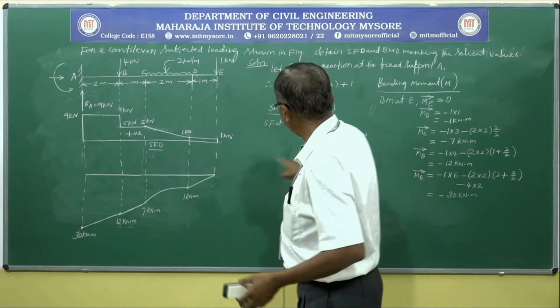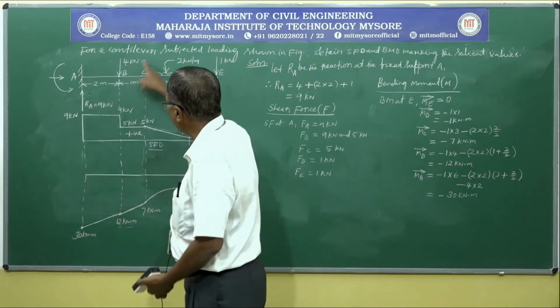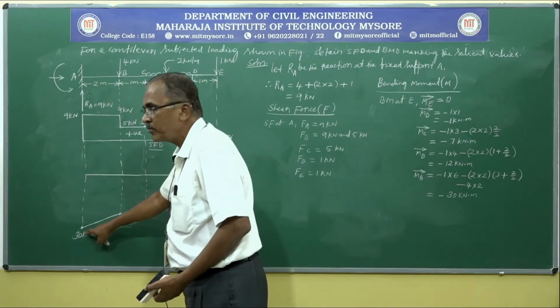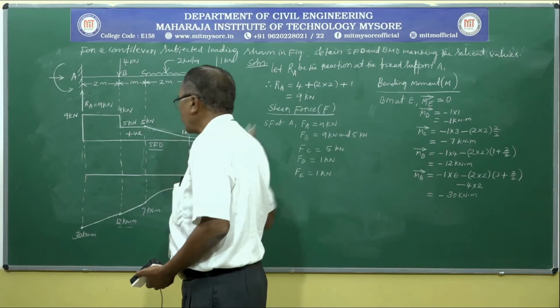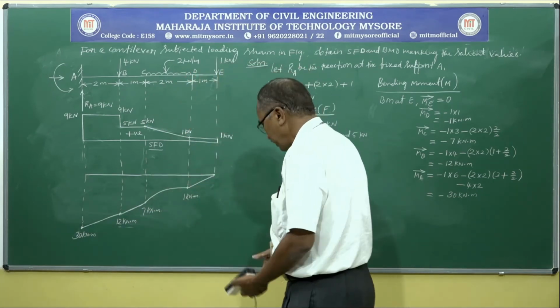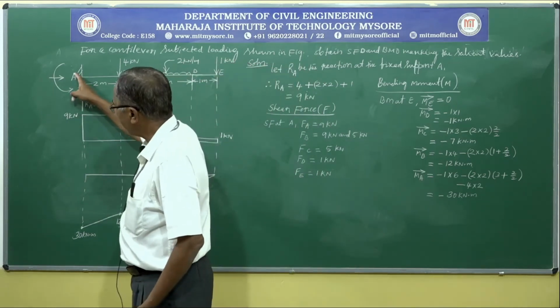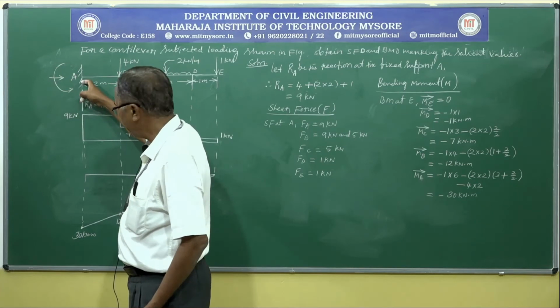So here we calculated that all the moments are clockwise moment. In fact, since we have considered forces on the right hand side, we have taken it as negative in case of bending moment. When it is a clockwise moment, at the fixed end there is an anti-clockwise moment.